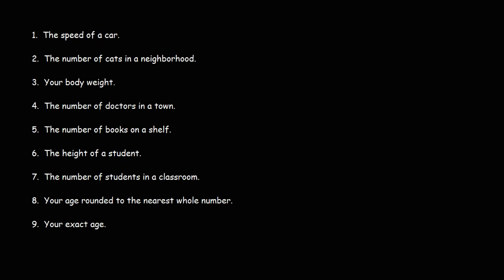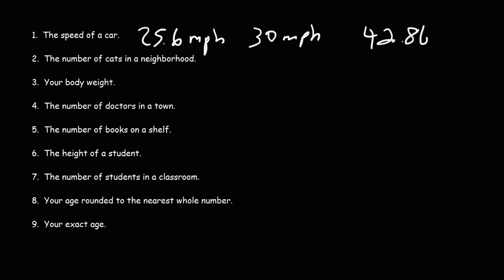A car could be going at 25.6 miles per hour. It could be going at 30 miles per hour, or it could be going at 42.86 miles per hour. And so it doesn't have to take on specific values. It can be any value. Therefore, the speed of a car would represent a continuous set of data.